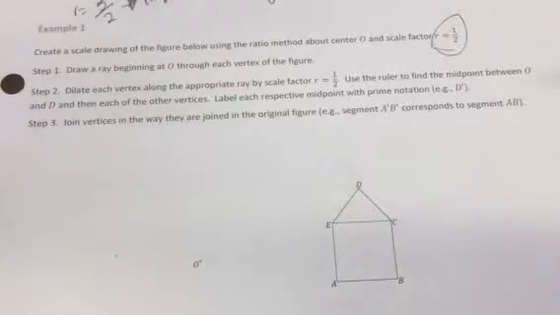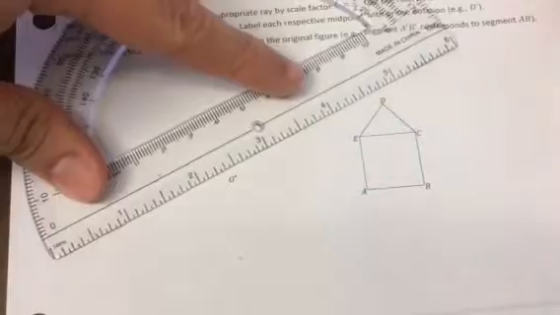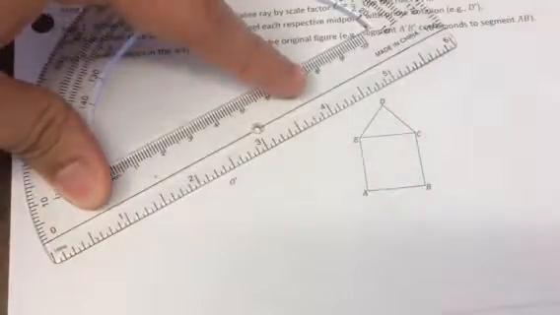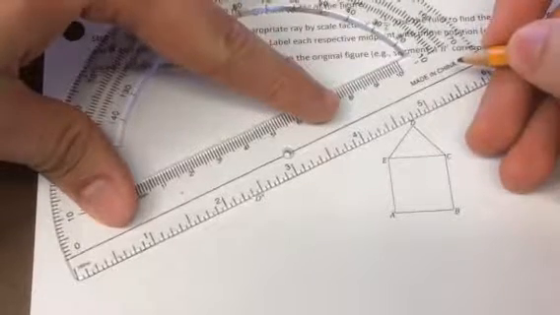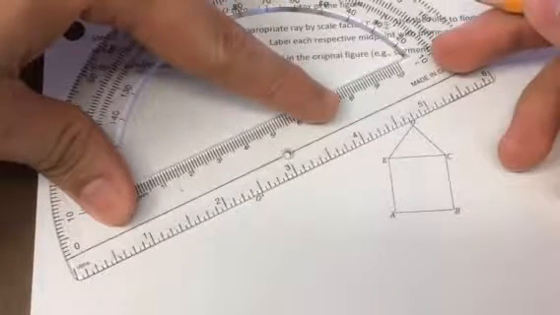The question is how? So hopefully you read the steps and noticed that they wanted us to, using center O, draw lines towards each vertex of this image of the house. So that's what I'm going to do.